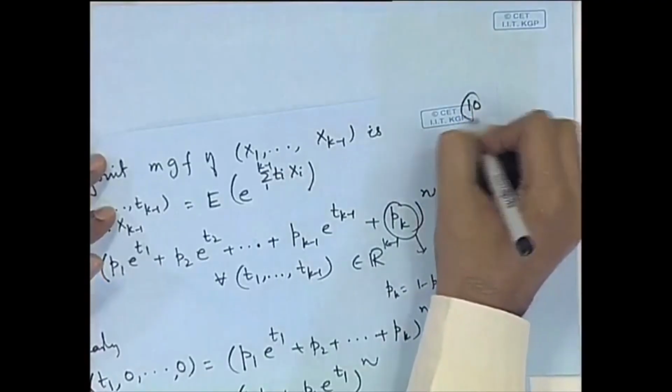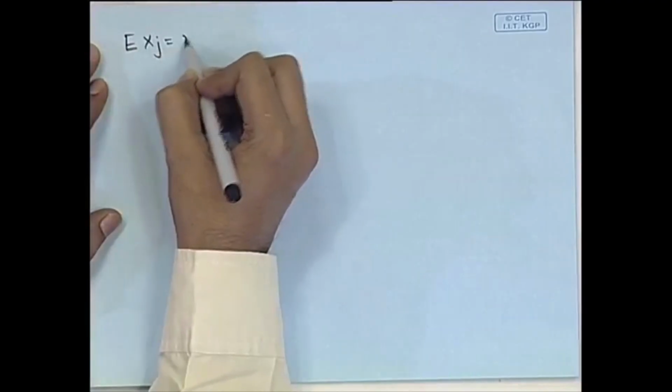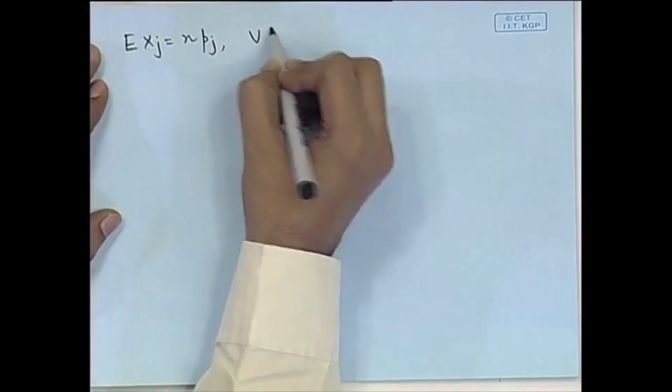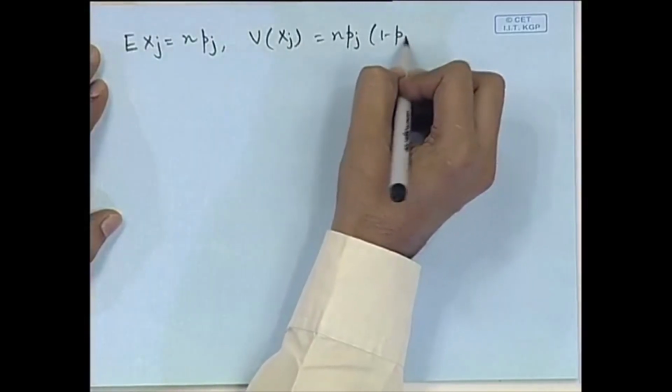In particular, we can talk about expectations. So, naturally expectation of X_j will be n p_j, variance of X_j will be n p_j (1 minus p_j).